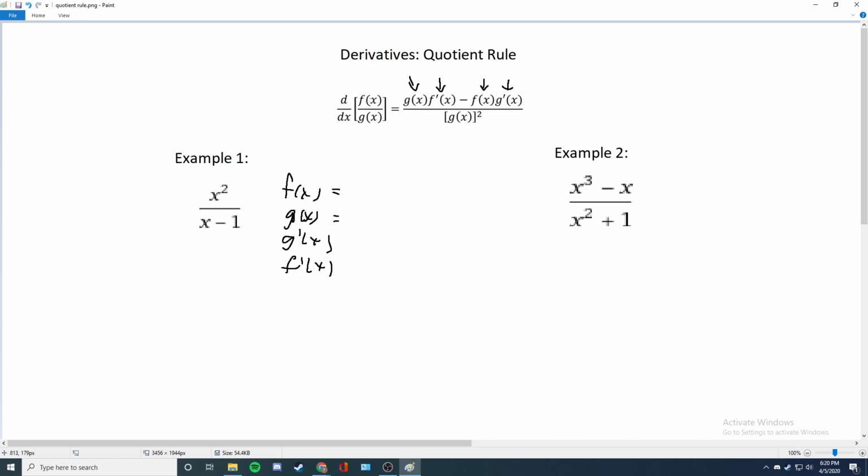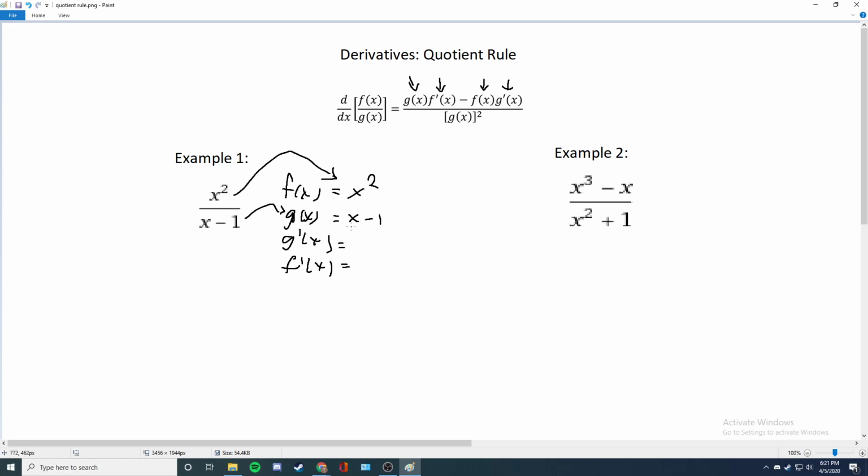If we follow the rule, we've got f of x over g of x, so that makes these two pieces easy to find. f of x is just the numerator, and g of x is just the denominator. Now, in order to find g prime of x and f prime of x, we're just going to have to derive each of these.